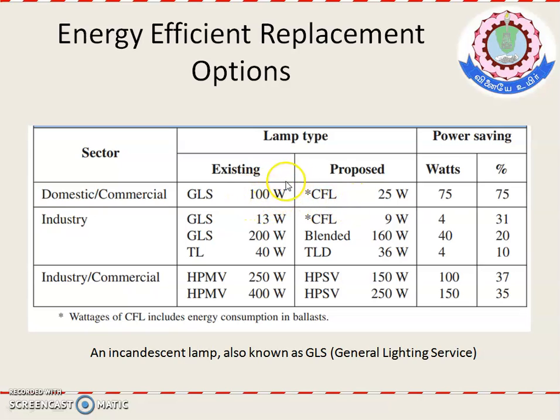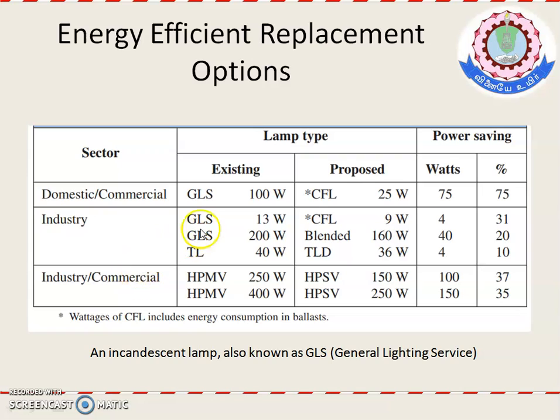When you see the reduction in watts usage, for a 100 watt bulb, the illumination that your general lighting can provide can be achieved here with a 25 watt CFL lamp. That means you are saving 75 watts, 75% saving.